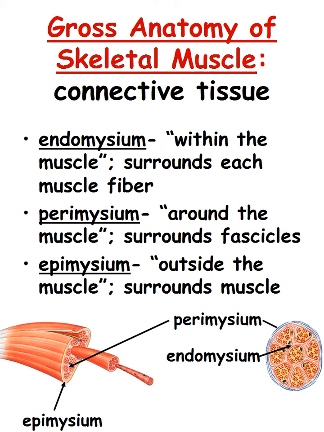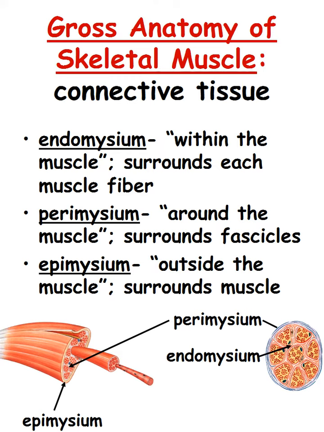The perimysium surrounds the fascicles. And this is composed of dense, irregular connective tissue that contains extensive arrays of blood vessels and nerves called the neurovascular bundles. And these supply each individual fascicle with blood vessels and with nerves.